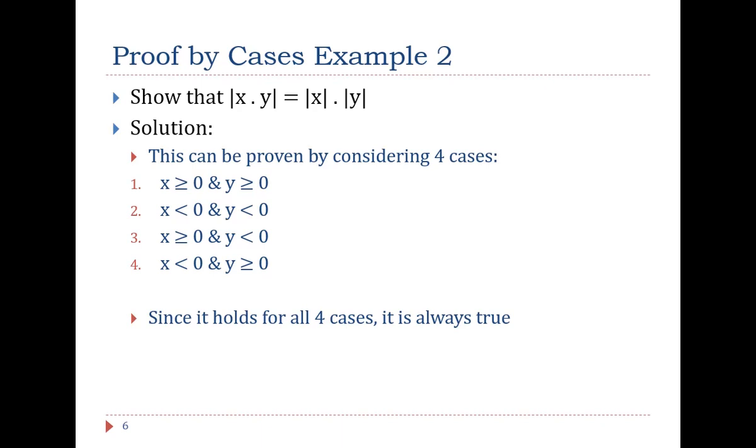The absolute value of x is equal to x, and the absolute value of y is equal to y because both of them are positive. And here I have a very obvious equality: x times y is equal to x times y. But I proved it for any x and any y that are both greater than or equal to 0. I cannot just show that 4 times 2 is equal to 4 times 2. It does not work in this way.